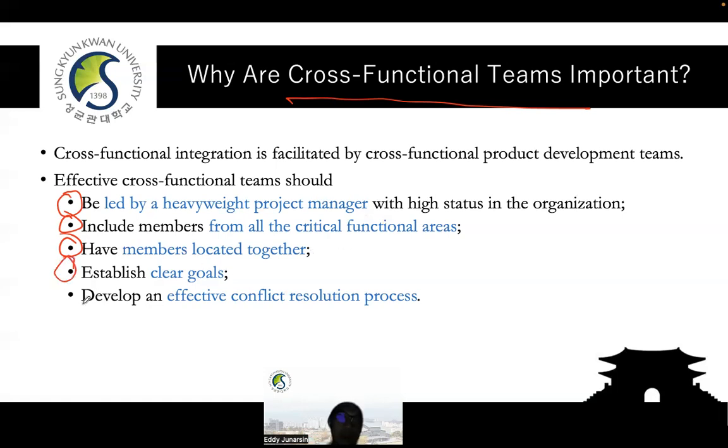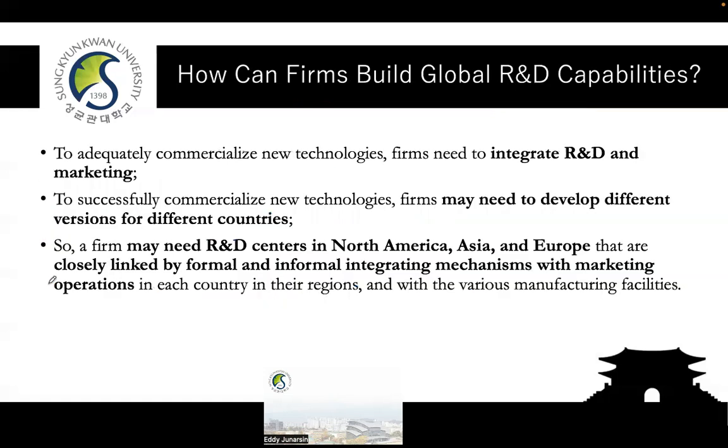Establish clear goals and develop an effective conflict resolution process. So especially if conflict appears, how the leader and also the team members could solve the conflict in the most productive way.